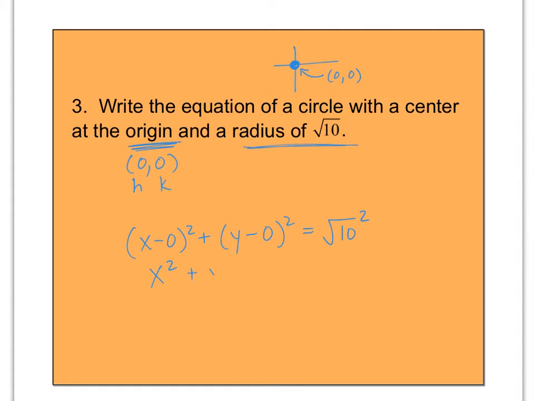And this part can be written y². You don't need the minus zeros because it's not taking anything away. And then the square root and the square symbol on the 10, they undo each other. They like cancel each other out, and you just wind up with plain old 10. And that is your final answer.